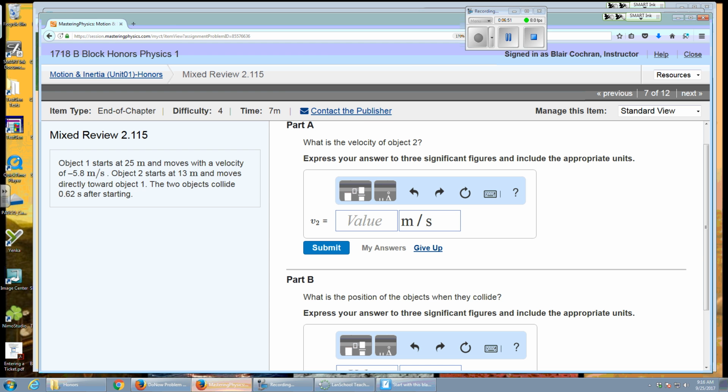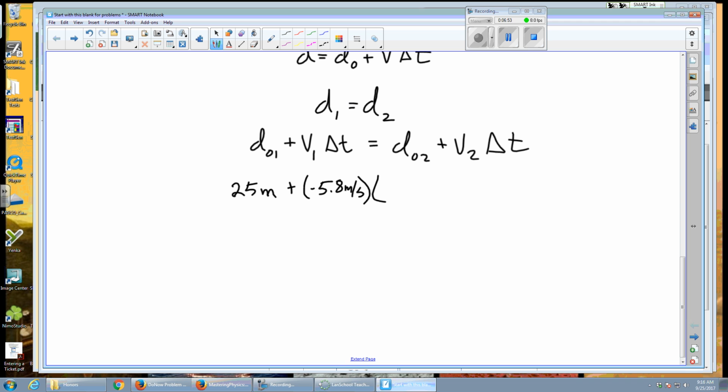Delta t was 0.62 seconds, equal 13 meters plus, I don't know what V2 is, that's what I'm looking for. It's always good to have one variable, and the same amount of time. So now I just solve for V2.